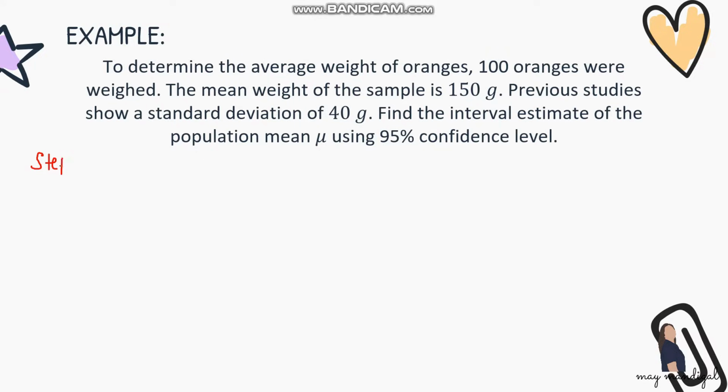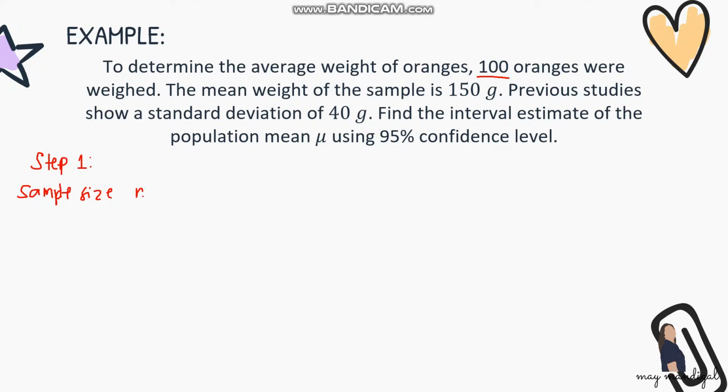Step number 1 is for us to identify the variables that we need. So what are the variables that we need? You can just read the problem and see what are the things that we can identify from the problem itself. To determine the average weight of oranges, 100 oranges were weighed. So that is our sample size.